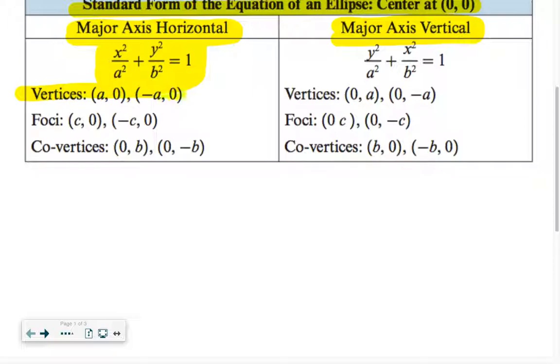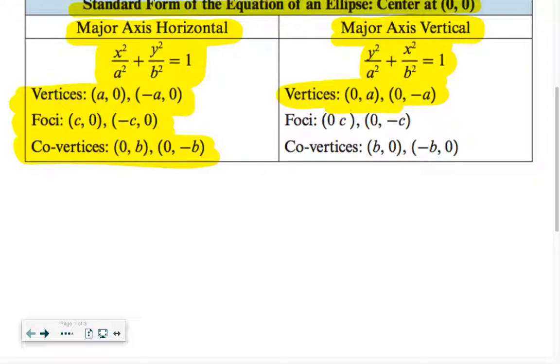If the major axis is horizontal, this is the template that we will use to find the vertices, the foci, as well as the co-vertices. And the same thing if the major axis was vertical. There's our equation.